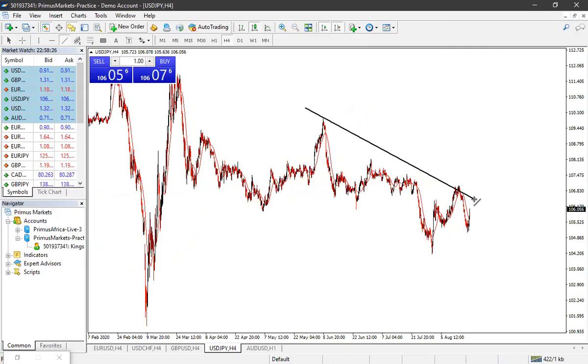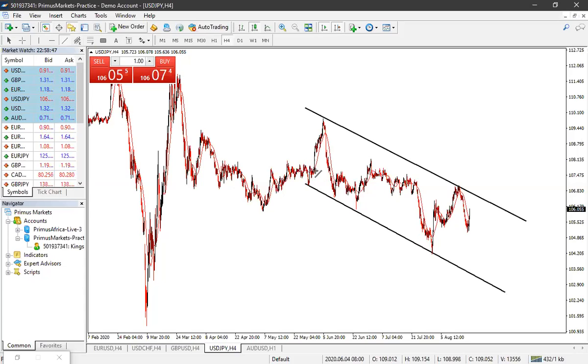Now, this is USD JPY, the USD Japanese yen. And you can see that this market is on a downtrend. Don't worry, you might not understand what a downtrend is now, but when I teach you, you will have a better understanding. Don't worry, I'll teach you good analysis.